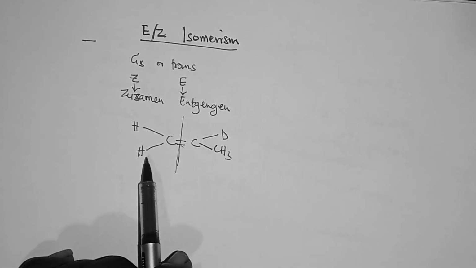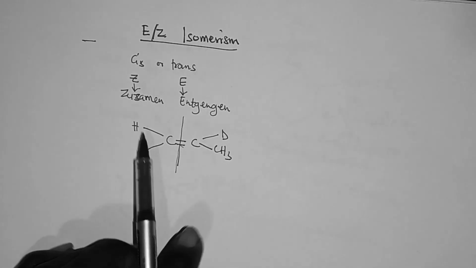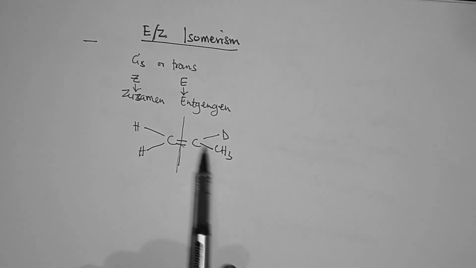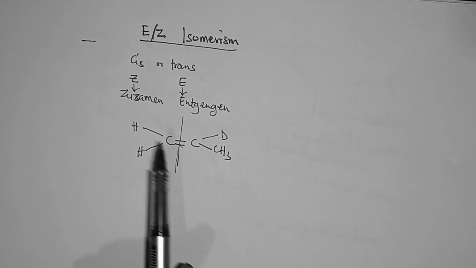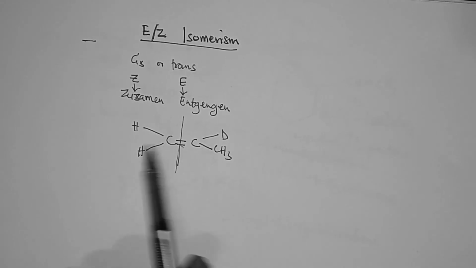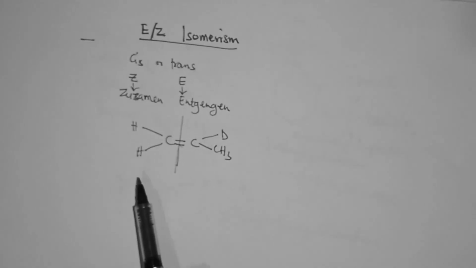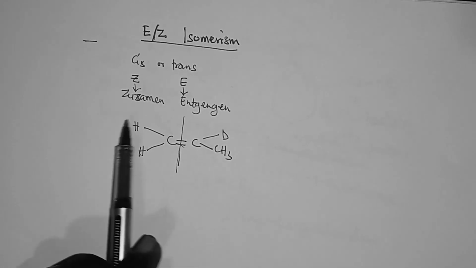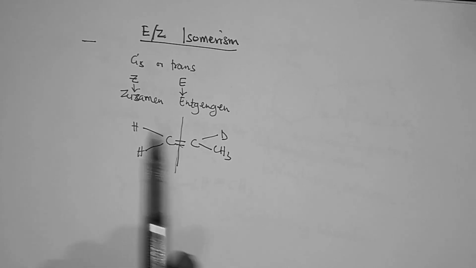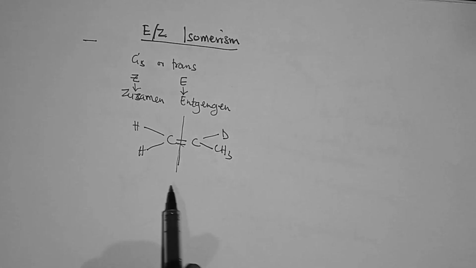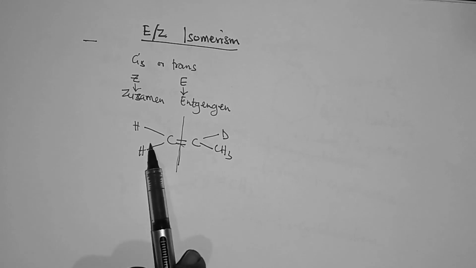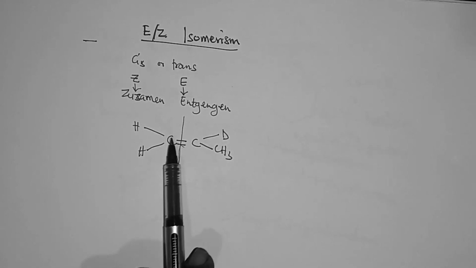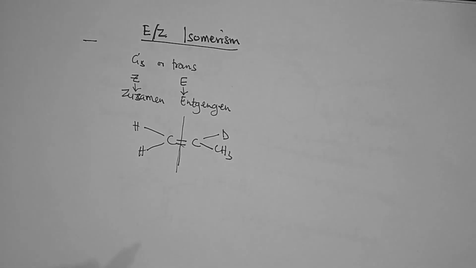No two of them must be equal. The easiest way to know is to divide the molecule vertically at where the double bond appears and check on both sides of the double bond whether the groups there are different. If you consider this molecule, you can see that this is a proton, this is also a proton. So this molecule will not exhibit cis and trans isomerism.